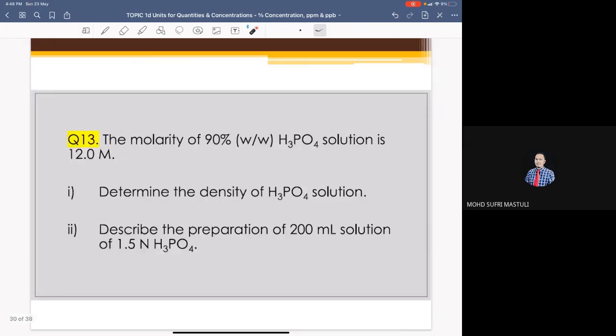And another question: the molarity of 90% weight per weight of this solution is 12. So you can determine the density, and then you have to describe the preparation of 200 ml solution of 1.5 normality H3PO4.